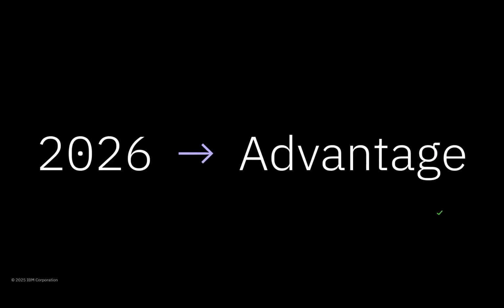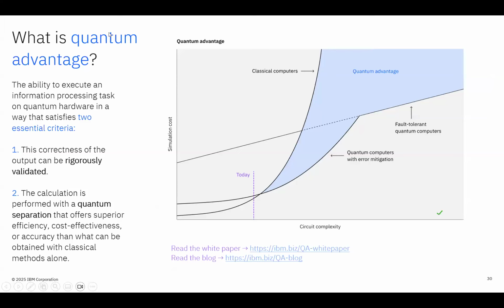So a little bit about the advantage. In 2026, next year, we are planning to achieve something like a quantum advantage. Quantum advantage in our definition, because probably you can notice that there are a lot of different definitions, is the ability to execute tasks on the quantum hardware which are correct and can be rigorously validated, and also a separation where the quantum computer will show faster results than the classical system.